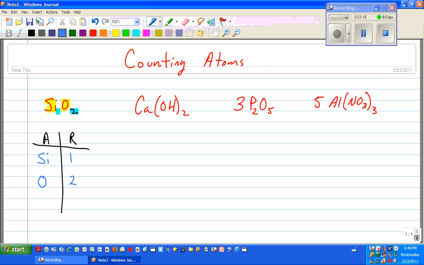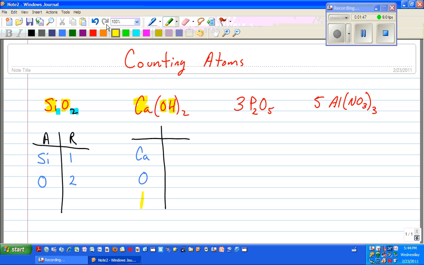Let's try another example. In this case, I've got calcium hydroxide, and I'm going to identify my atoms. I've got calcium, Ca. I've got oxygen, O, and hydrogen.